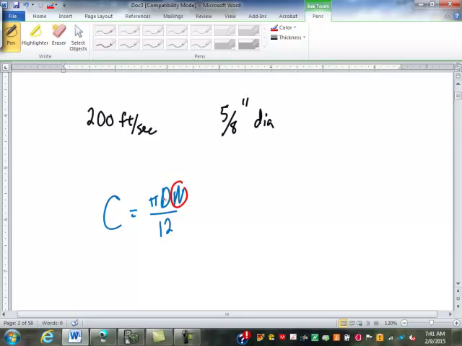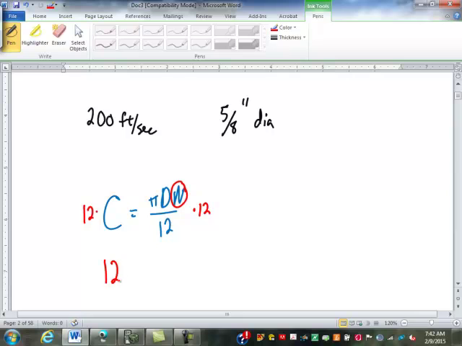Now, we could just put these numbers in here and solve this equation, but this is one that we're going to do often enough that it'd be nice to rearrange this equation to make it a little simpler to use. So I'm going to solve for N. I'm going to do that by first getting rid of the 12 by multiplying by 12 on both sides.